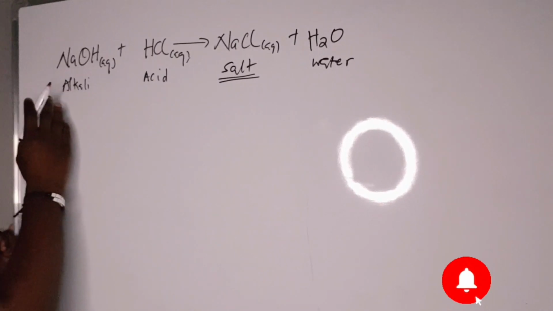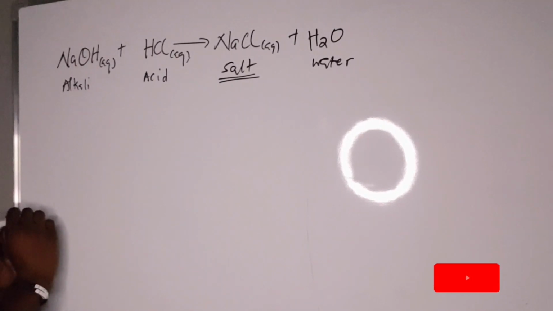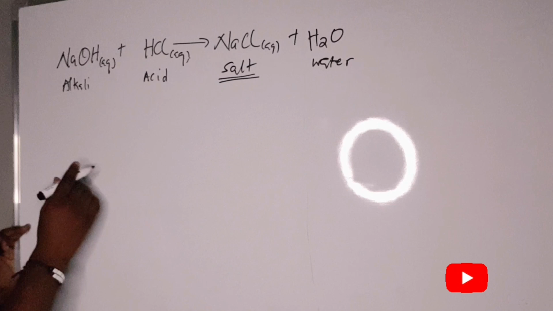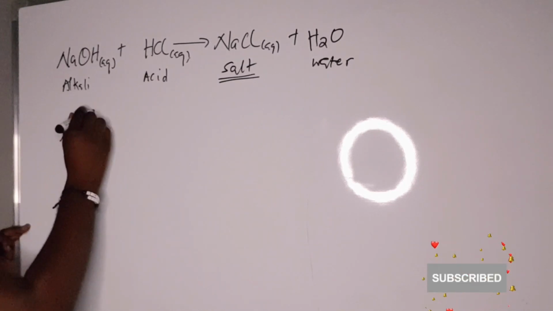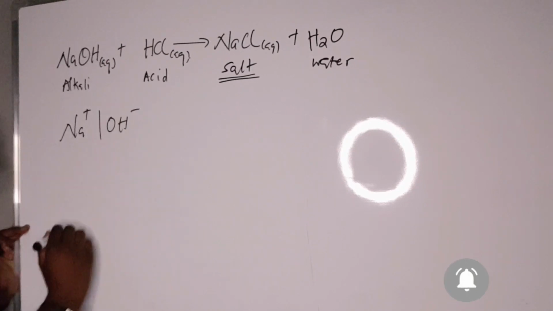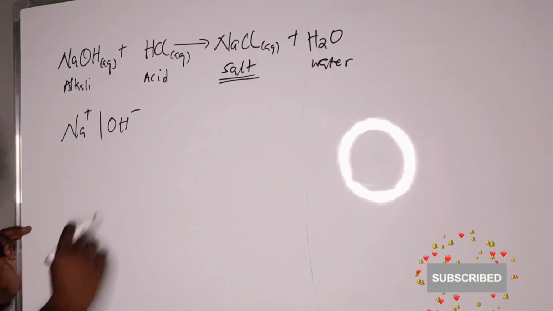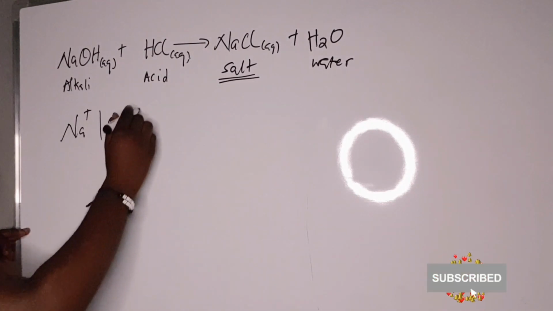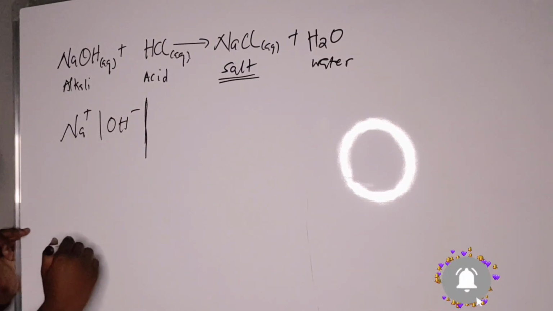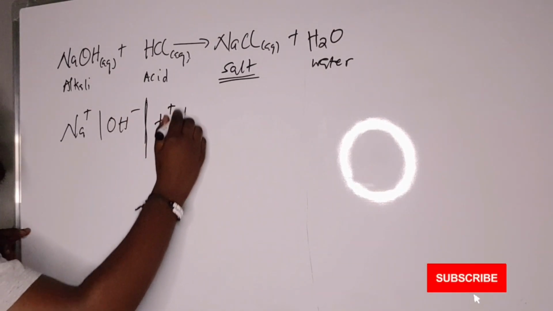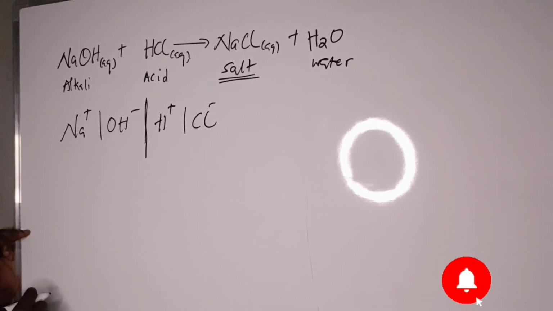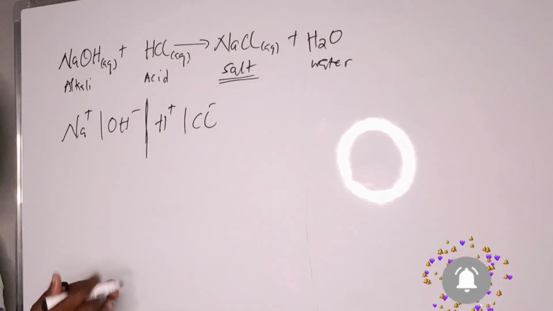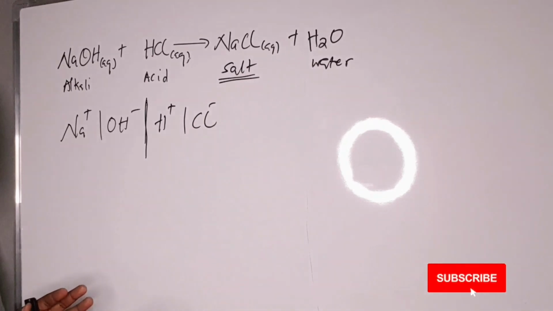If you look at sodium hydroxide, we can split it in ionic form, where we are going to have the sodium ions and the hydroxide ions. Then we can also put the acid in ionic form, where we have hydrogen ions and the chloride ions. The concept here is that the metal ions are supposed to replace the hydrogen of an acid.